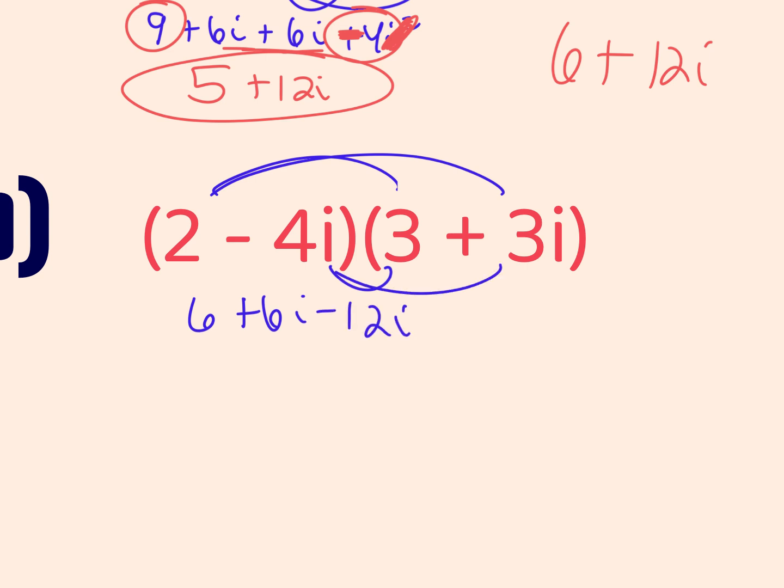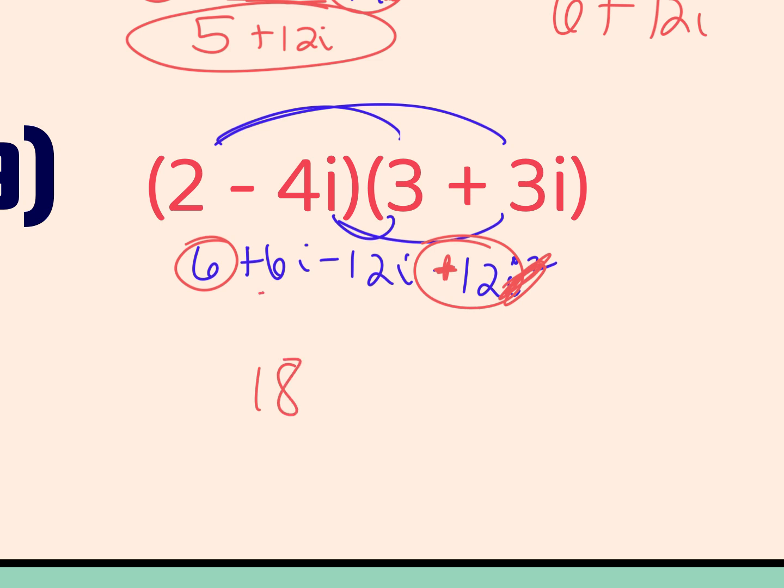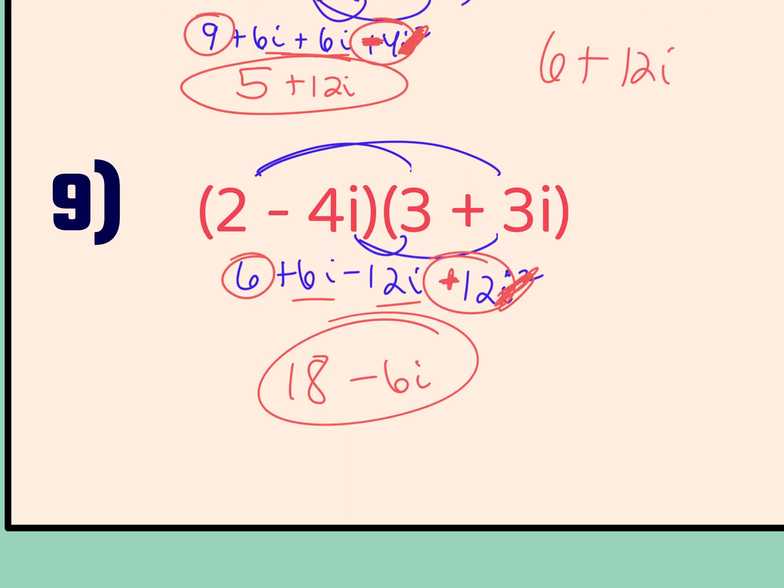And then negative 4i times 3i, minus 12i squared. As soon as I see i squared, I do what? Cross it off and change the sign. So real with real. What's 6 plus 12? 18. And it's positive 6i minus 12i, minus 6i. Very good. Is this terrible? No. Got to be careful.